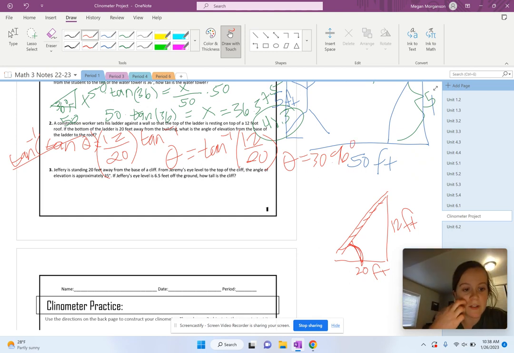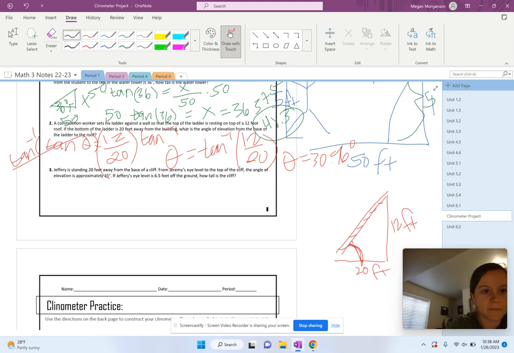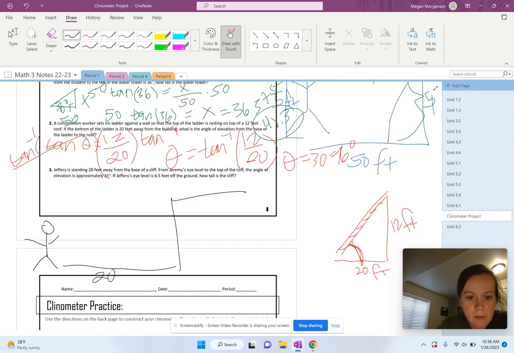Okay, last one here. Jeffrey's standing 20 feet from the base of a cliff. So let's draw him here. Here's Jeffrey. Here's the cliff. He is standing 20 feet away. From Jeffrey's eye level to the top of the cliff, the angle of elevation is about 35 degrees. So let's say his eye level is right here.